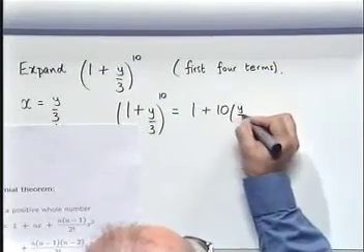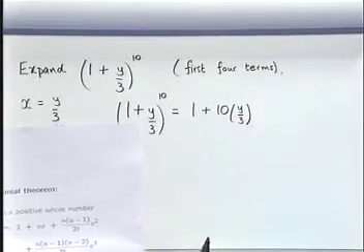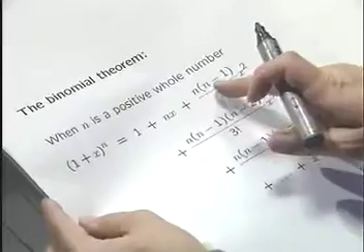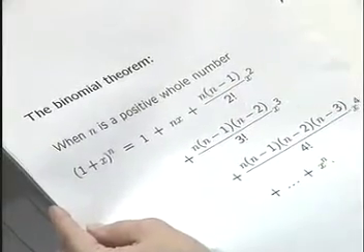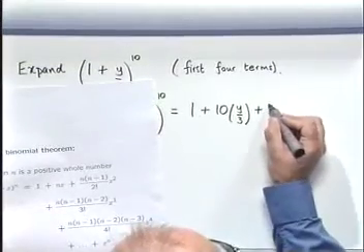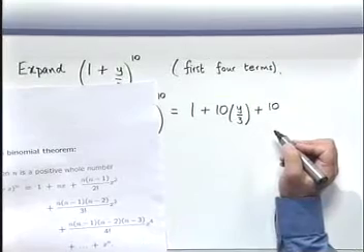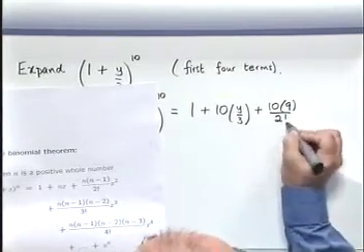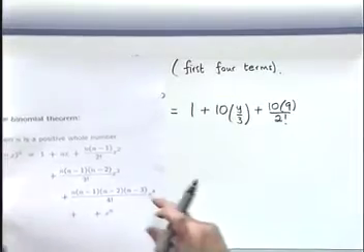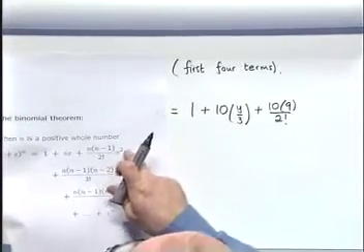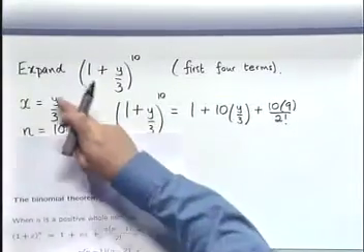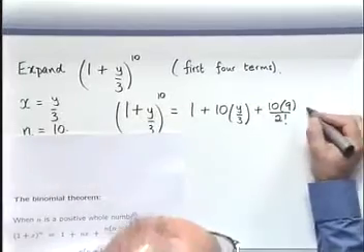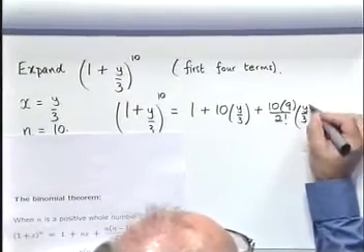So we'll have a y over 3 there. What's the next term? We'll want n minus 1 over 2 factorial, which is 10, 10 minus 1 is 9 over 2 factorial. And then we'd want an x squared. So in this case, we'll want x being y over 3, all squared.